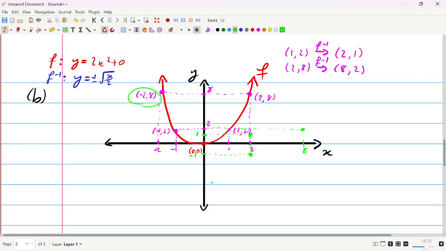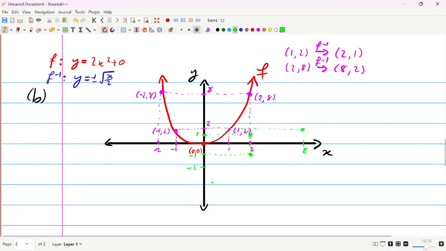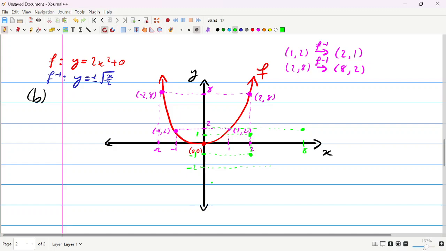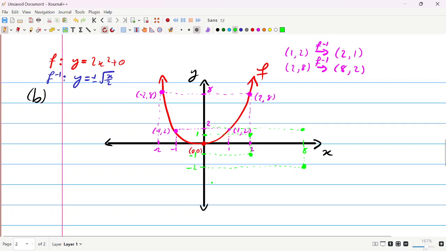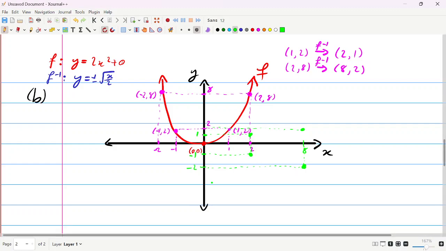And then from here, we are going to have negative 2 and 8. We're going to flip them around. It's going to be 8 and negative 2. So negative 2, let's suppose, is somewhere here, and then all the way to x equals 8, because we flip them around. So it'll be somewhere here. And then we just draw our shape that we know. Remember, the inverse of f is just going to be the same shape, but rotated.